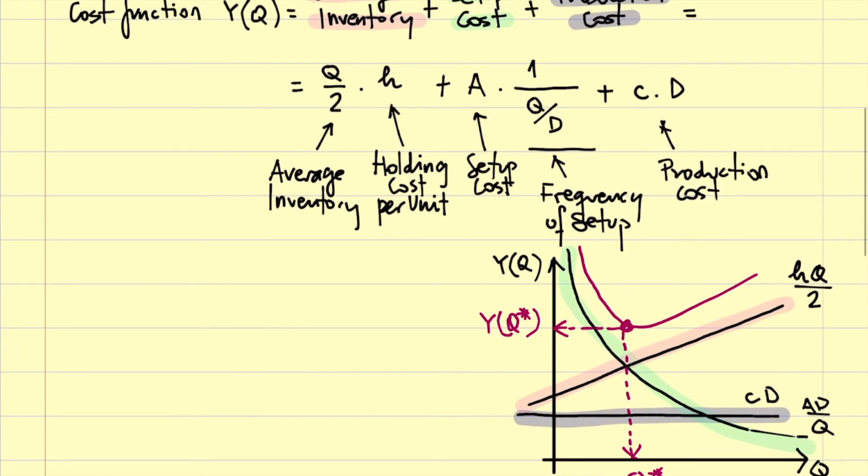How do we get to this value? We have done it in the past.